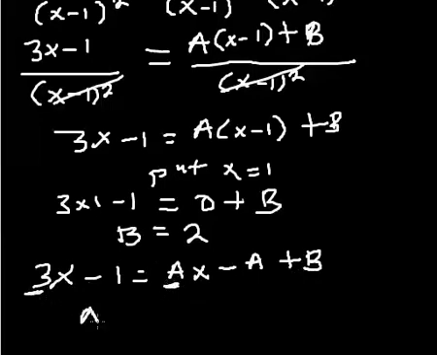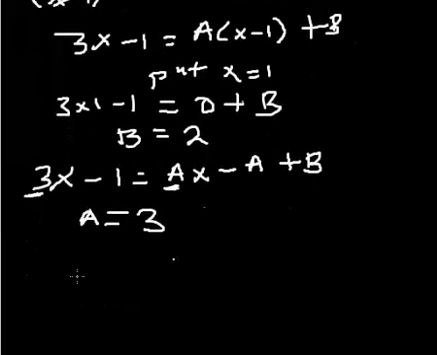So that simply means A is equal to 3. Of course I have to do coefficient comparison because this doesn't have a bracket for me to eliminate. So there are two ways of doing this. It's either you find your numerator by elimination, or you find it by using coefficient comparison. Definitely we're going to look at more questions. So invariably now my B is 2 and my A is 3.